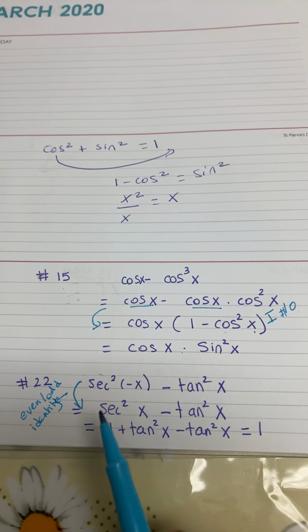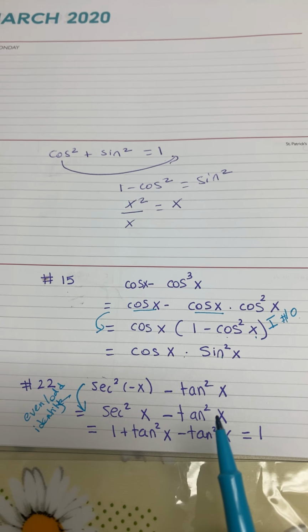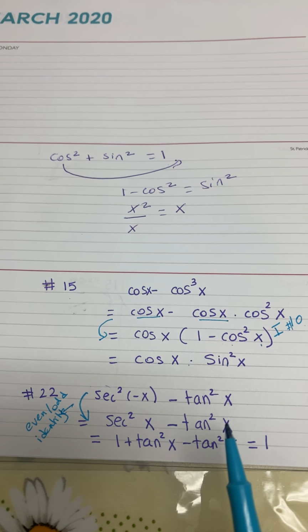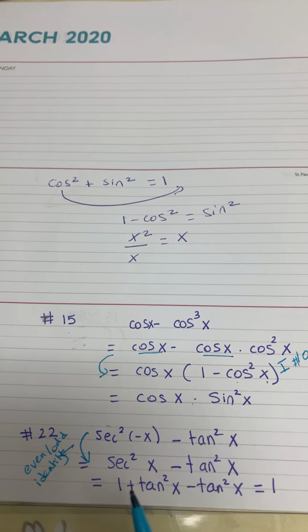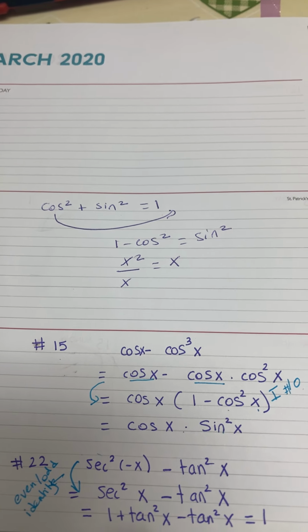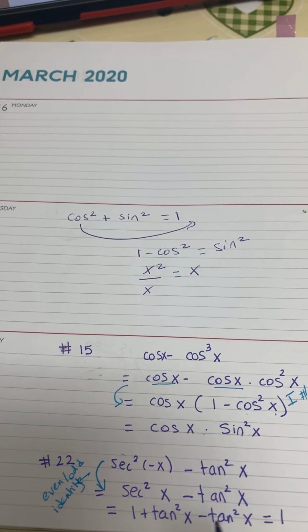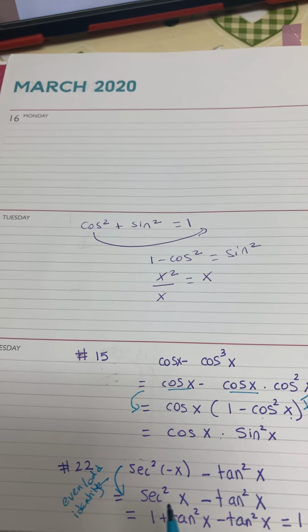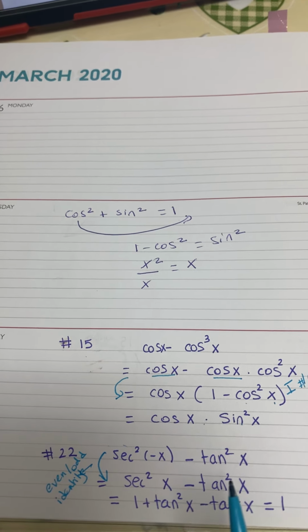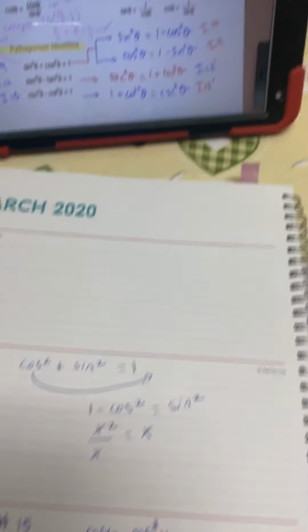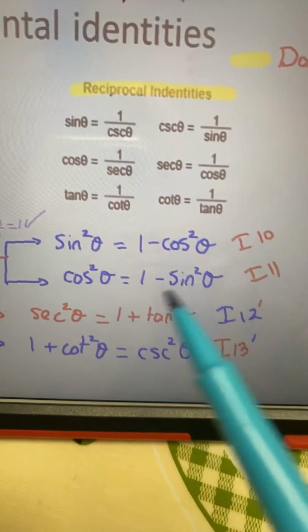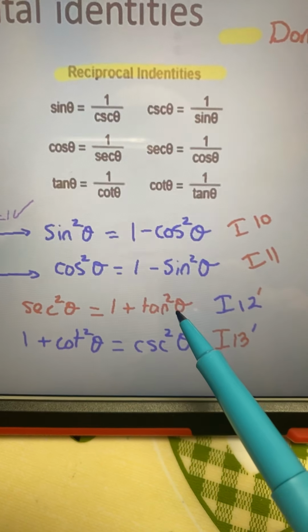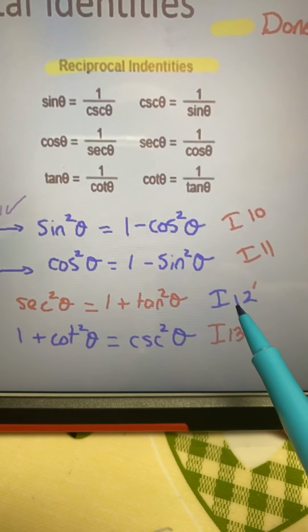Now, secant squared, since I see a tan squared right here, again, we said the challenge with those types of questions, I can't tell you do this first, do this second. You've got to practice and practice so you can know what to do next. So the reason why I know I need to rewrite this in a different way next is because I see a tan squared right here. So I remember from the list of identities that secant squared equals 1 plus tan squared, and that's identity 12.